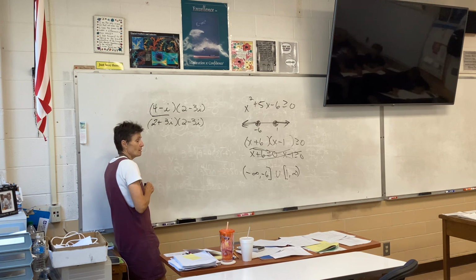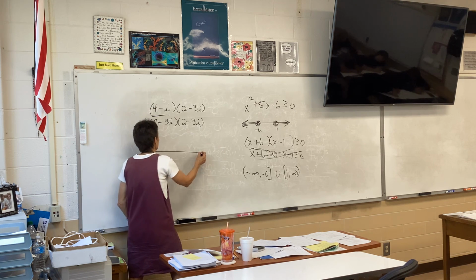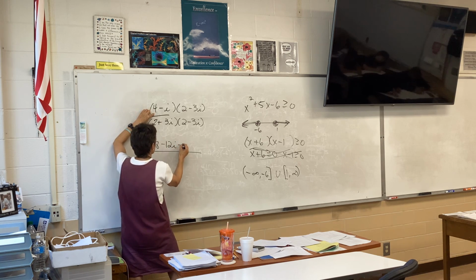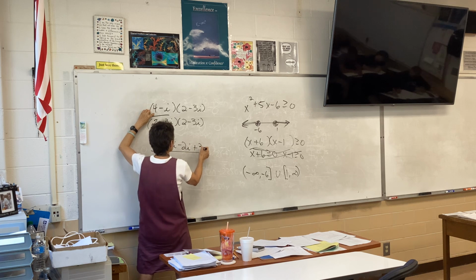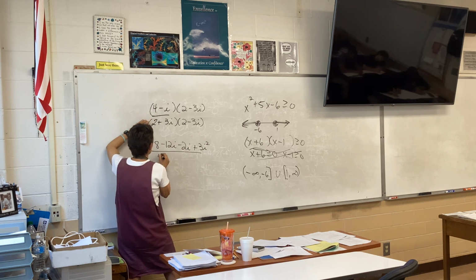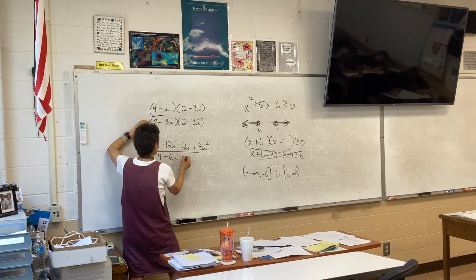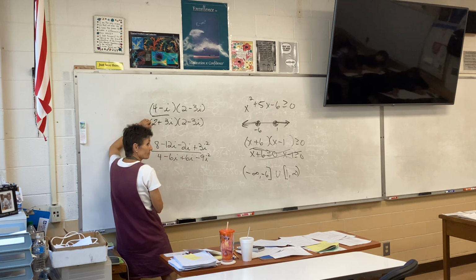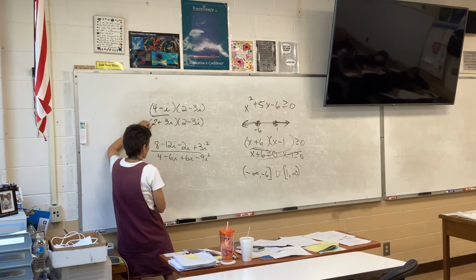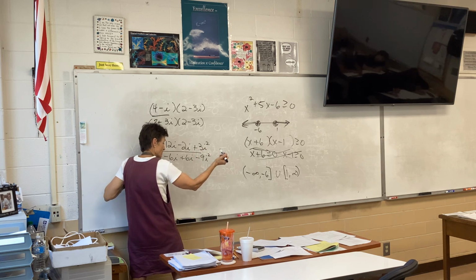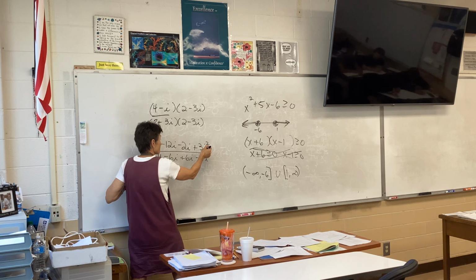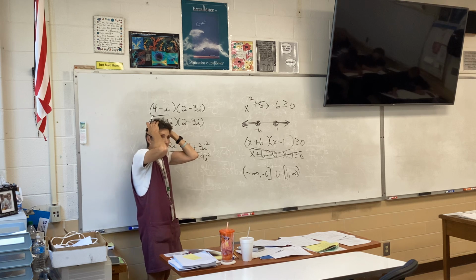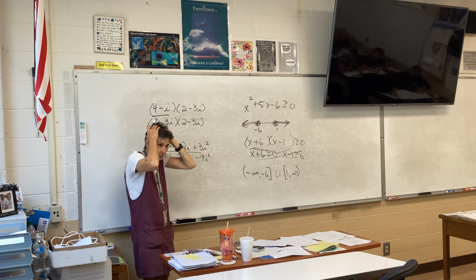We're going to FOIL, so we have a big FOIL. Carefully: first, outside, inside, last. I squared, we talked about this earlier, I squared is -1, right?